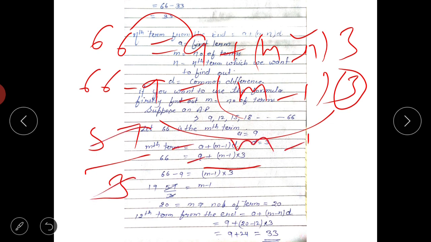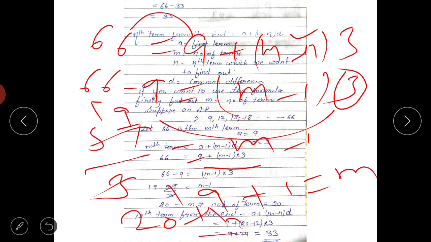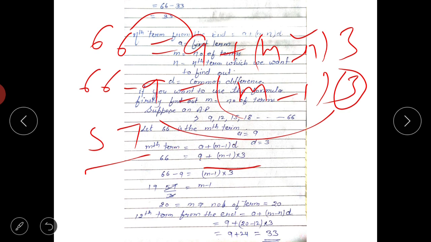So it gives 19. So 19 plus 1 is equal to m. So m is 20. Sorry, not the 20th term; m is the number of terms. So there are a total of 20 terms in this AP.